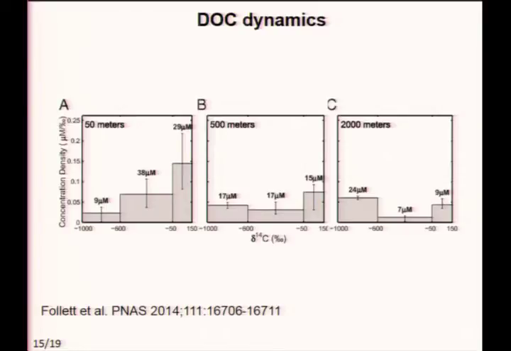You can see that whether you look at 50 meters, 500 meters, or 2,000 meters, there is a fresh source of dissolved organic carbon at all depths, suggesting that you can't just treat DOC as something that's been advected from the surface. It is being produced in situ, and we need a way of teasing those apart. The whole field of characterizing and separating DOC is a huge one, not something I can go into here, unfortunately.